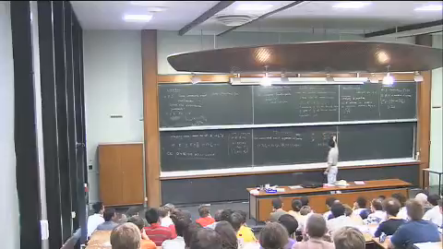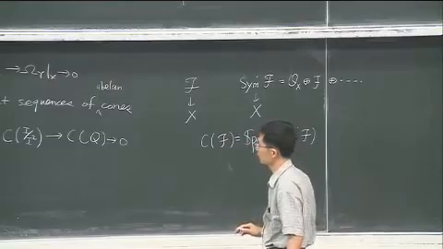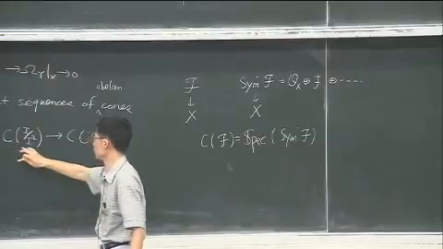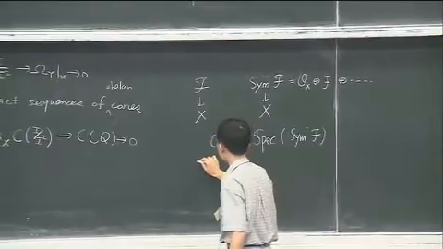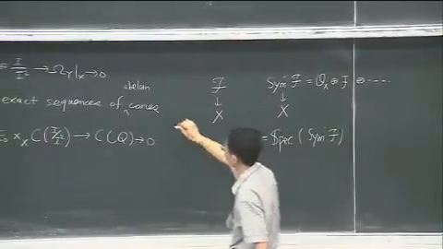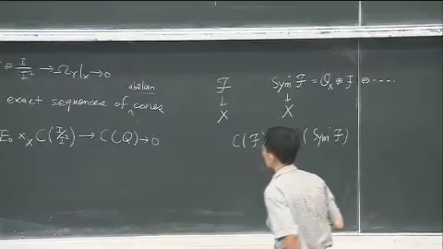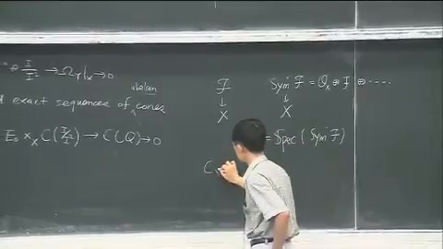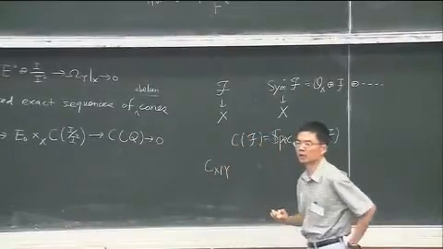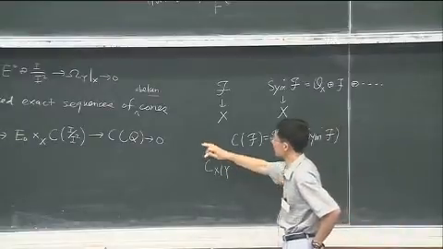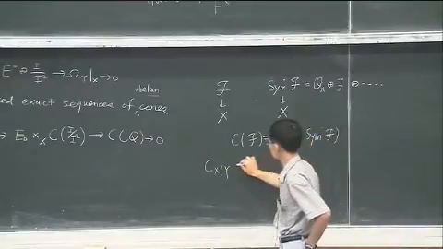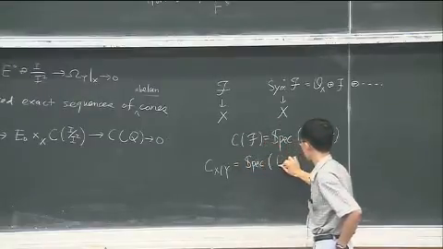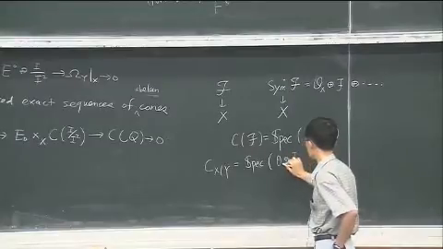It just means it's generated by this. And in general, for example, when it's not called an abelian cone, you have the normal cone of Y inside X. This is not the Sym construction, but you have to take Spec of this, O direct sum I over I squared, and so on.